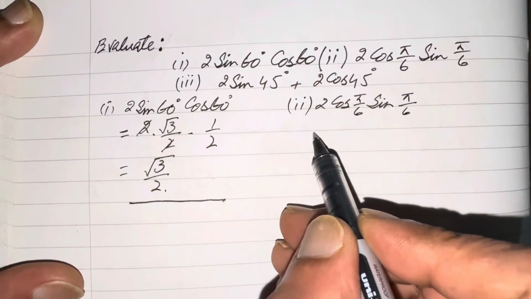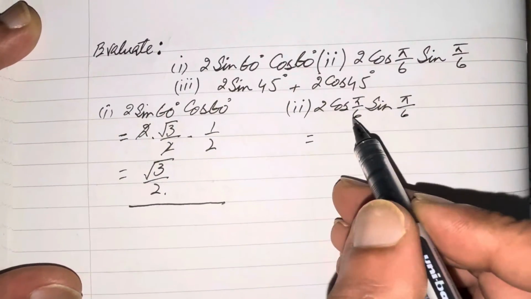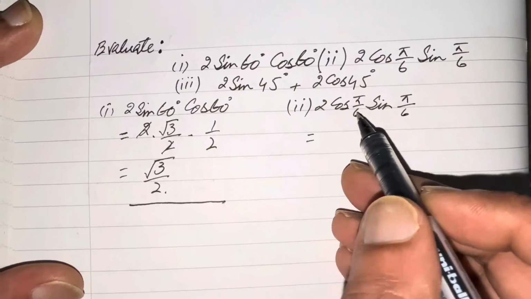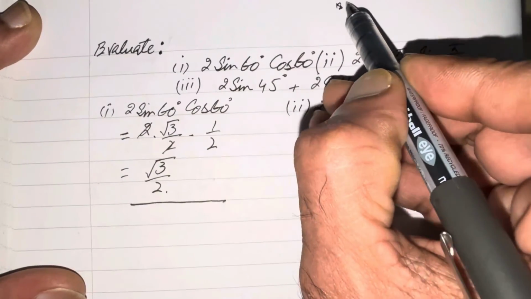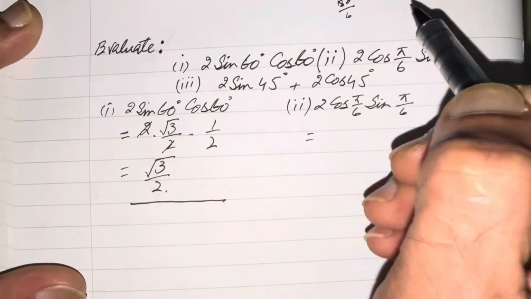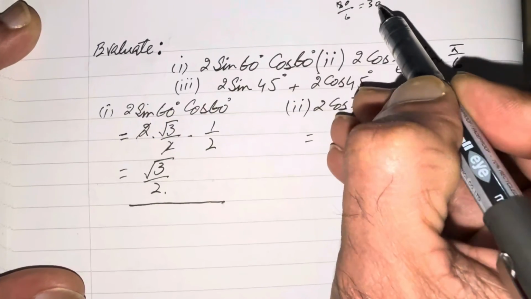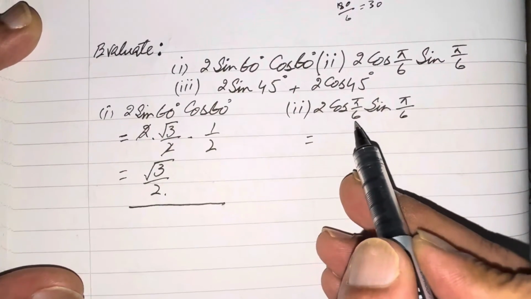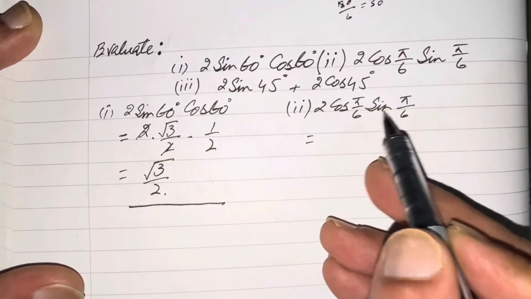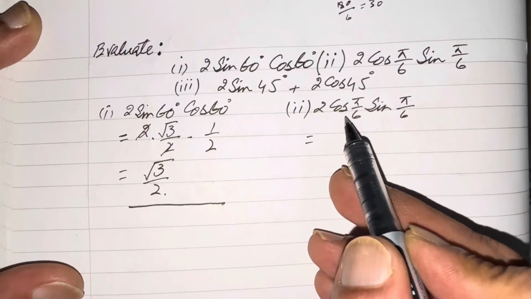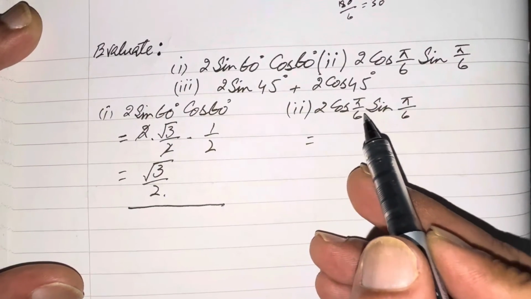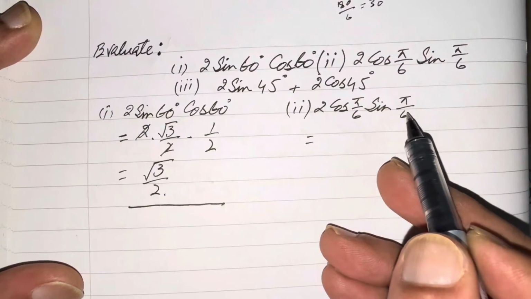So this shows the trigonometric ratios of 30 degrees, because if you divide 180 by 6, it is equal to 30. So pi over 6 means 30 degrees. We have to check the trigonometric ratios of cos 30 and sine 30.